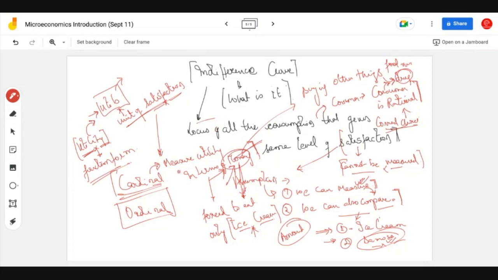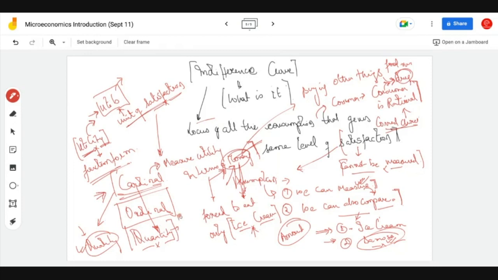One of the ways in which the cardinal approach has helped us is with the help of indifference curve analysis. Sometimes we'll feel that under cardinal there are two different ways of measuring anything: quality versus quantity. Sometimes you'll say the quality of this food is better than that, so we are measuring quality.